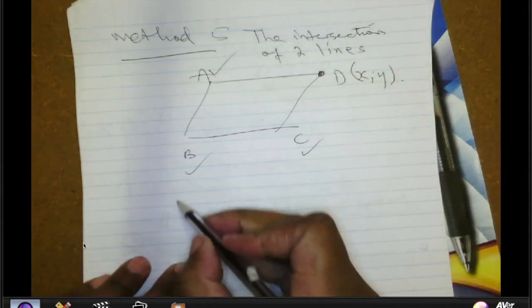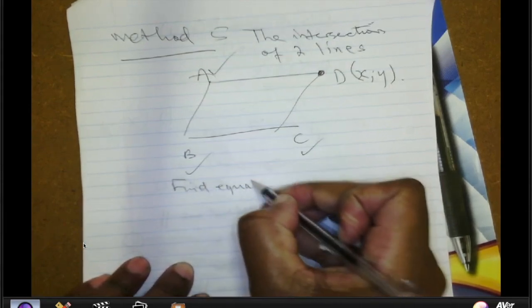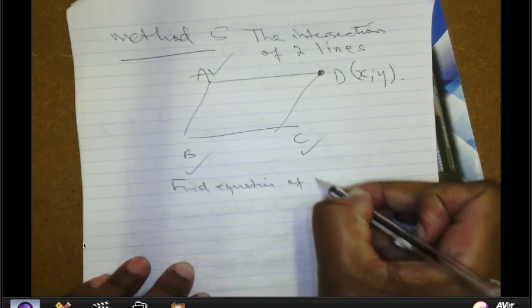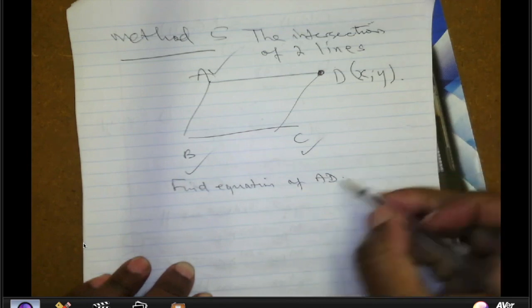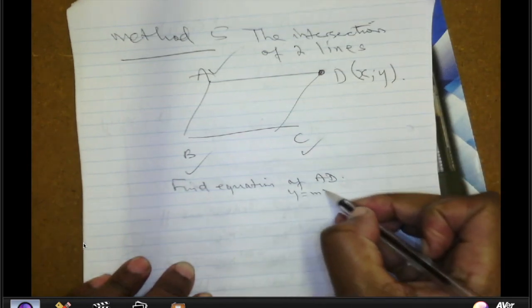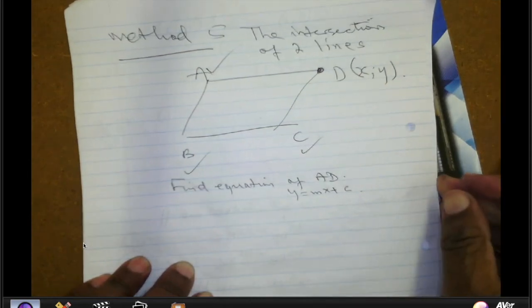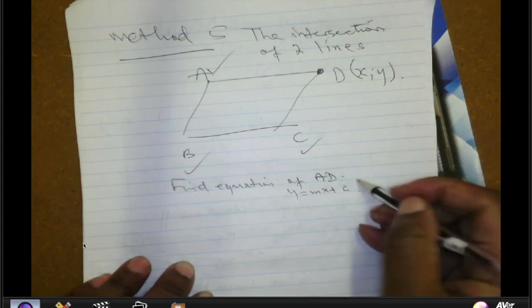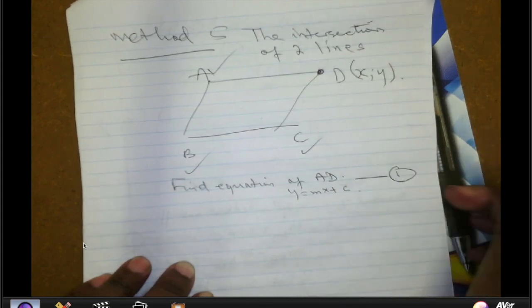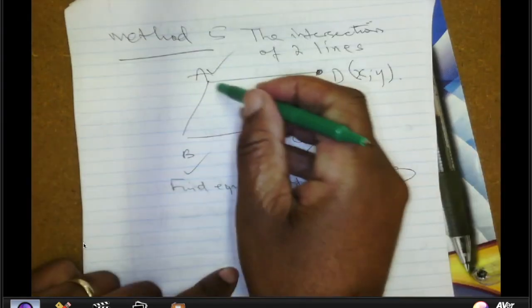So all you can do really is to find the equation of AD, right? Find the equation of line AD. Obviously, you can work it out in the form y equals mx plus c. That equation will be in terms of x and y, and so that is equation number 1. So we know the equation of AD.